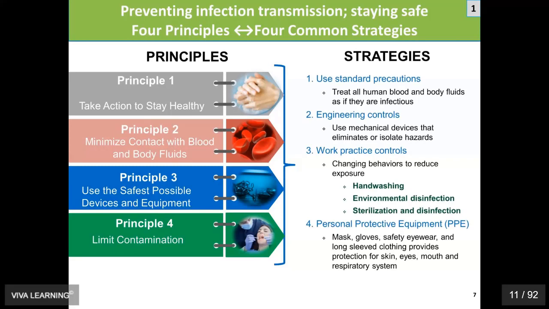So some of the strategies that I use and I suggest and that you should talk about are using standard precautions. Again, treating everybody as if they're infectious, because you just don't really know who has a disease and who doesn't. We get a lot of calls at Compliance Training Partners, and sometimes the call will go like this. We've heard many of these. We have a known HIV patient or hepatitis B patient, whatever it may be, coming in the office today.